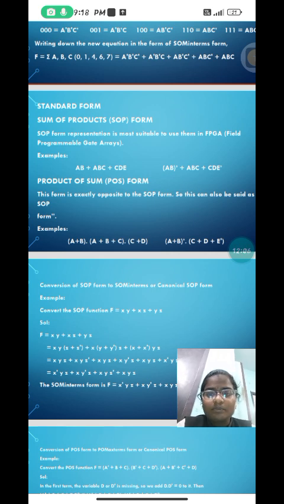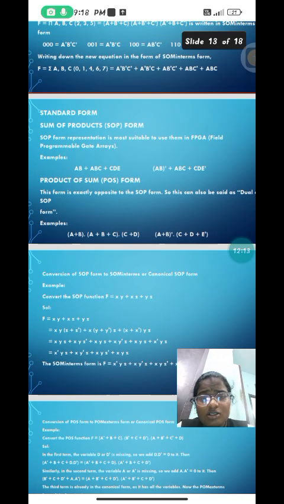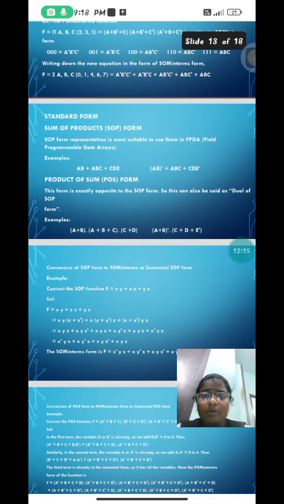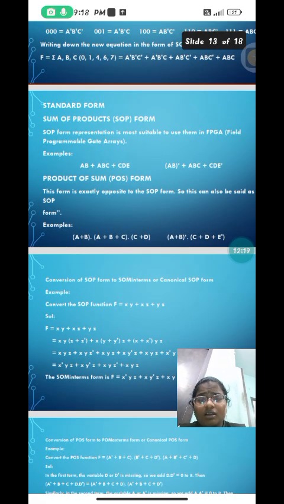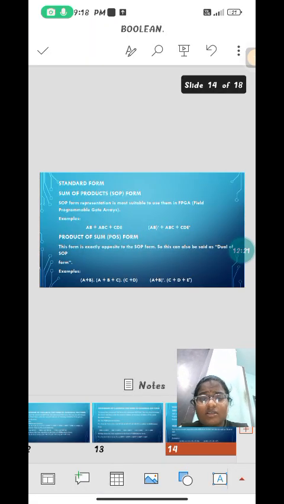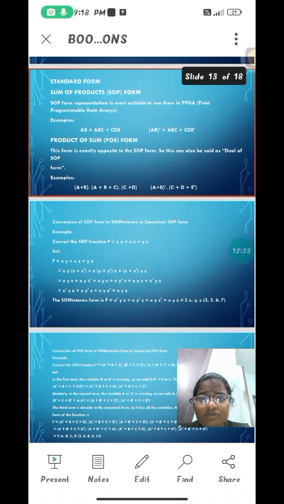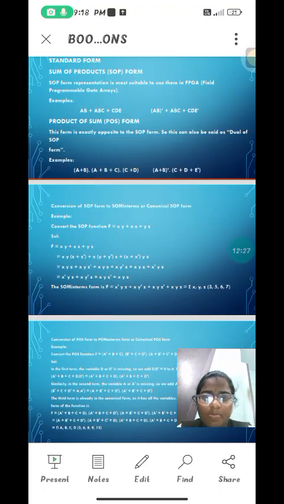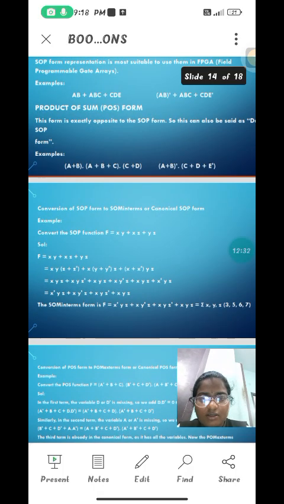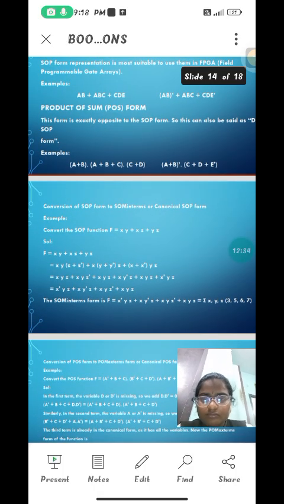Product of sum form is exactly opposite to SOP form, so it can also be called the dual form of SOP. See this example. Next one is conversion of SOP to POS.